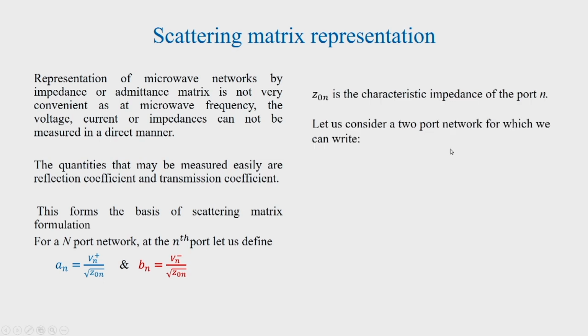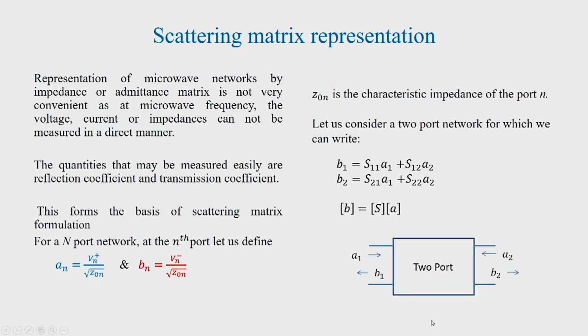So, to illustrate, let us consider a two port network. These parameters A 1 and B 1 are the incident and reflected parameters. They represent the incident and reflected waves in port 1.